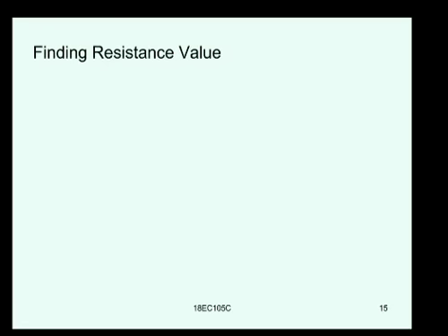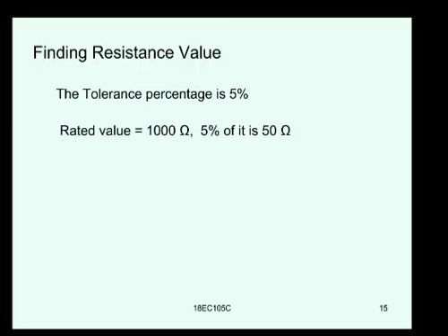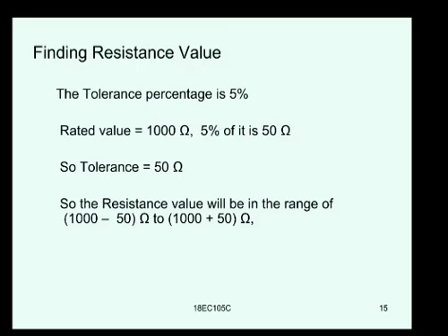Let us calculate another one. Here the tolerance mentioned was gold. So it comes to be 5% of the 1000 ohms. The rated value is 1000 ohms, and 5% of it amounts to 50 ohms. So the value of the given resistor will be varying plus or minus 5%, that is 50 ohms in this case.